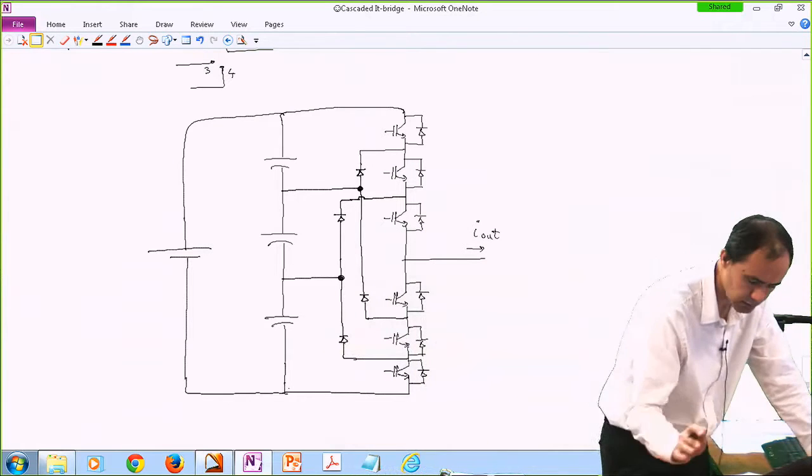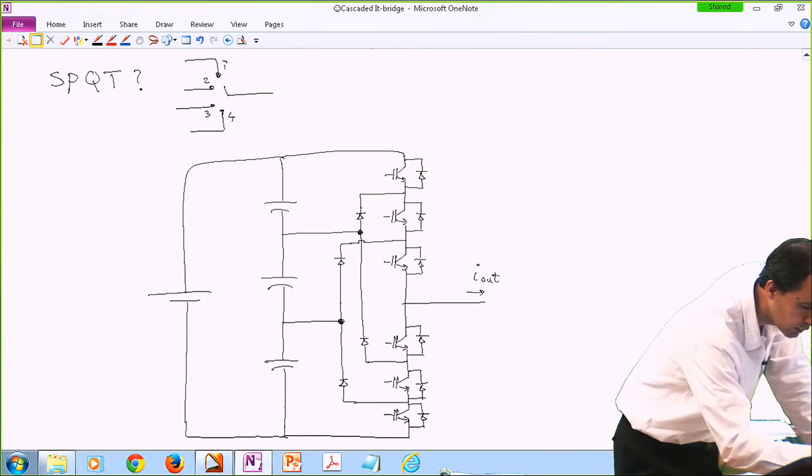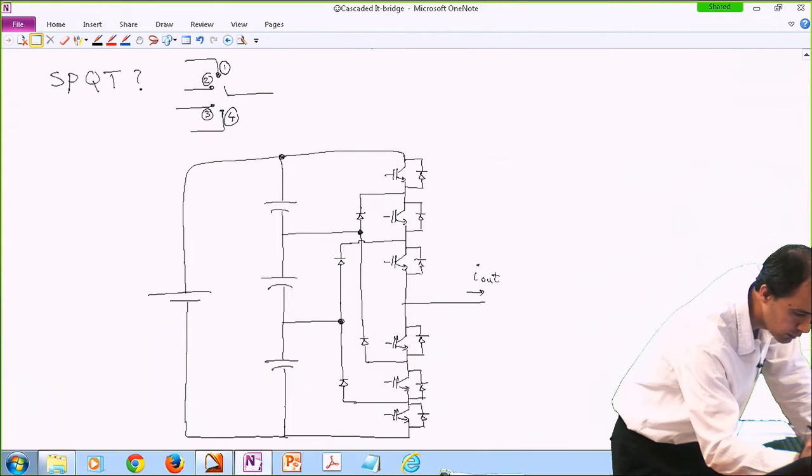So technically points 1, 2, 3, and 4 here.